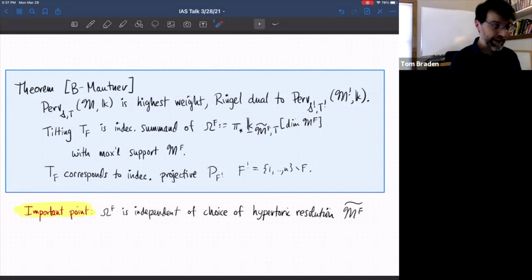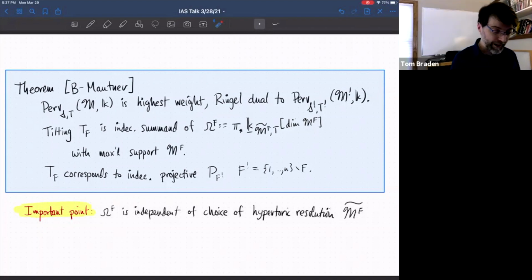And if you want the indecomposable tiltings, you take the indecomposable direct summand of those that have maximal support. And then when you take Ringel duality, again, there's an order reversing property. The tilting corresponding to a flat F corresponds to the projective of the dual flat, which is given by the complement.